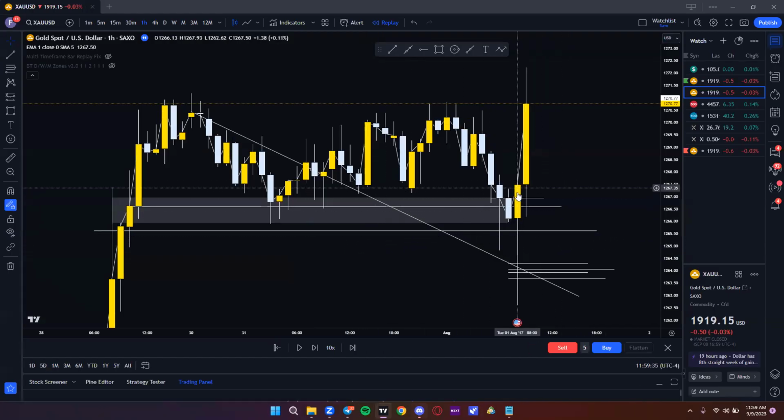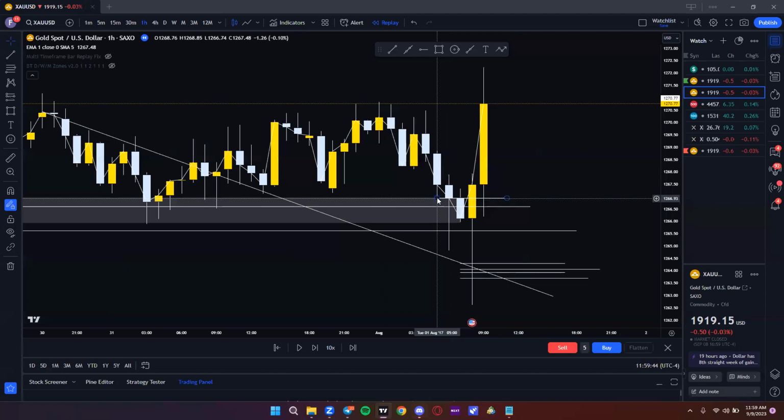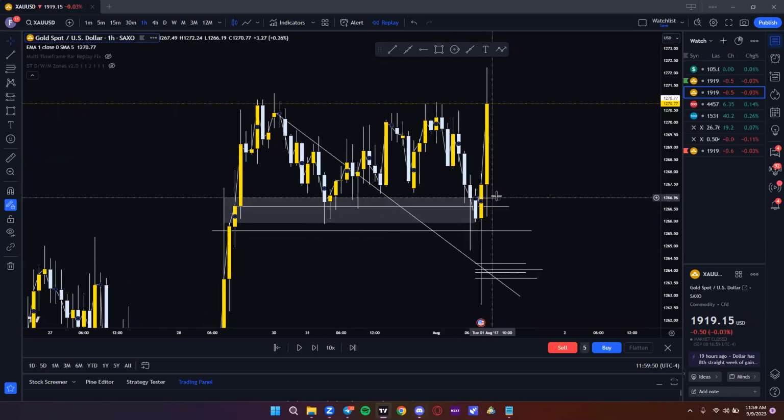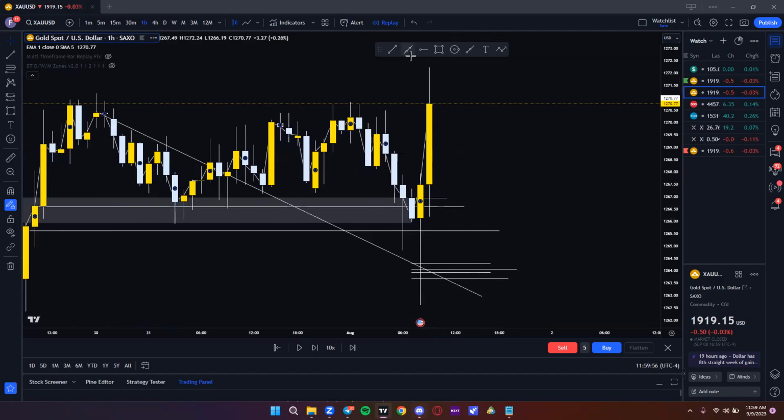So what you see is that it broke above this decision, this gap level, and then price actually rejected our decision level here, and also the previous breakout level. So you have multiple confluences again, and then with our trend line, you will combine it just like such.